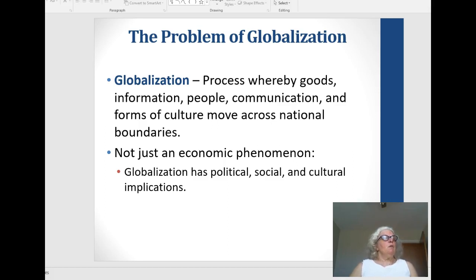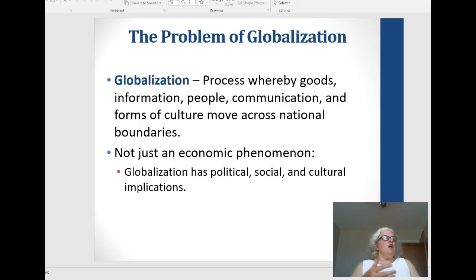There are problems with globalization. Now, here's a perfect topic for a position paper. Globalization, whereby the goods are made by other people and other cultures. And so we have high levels coming from places like Korea. In the past, it was Japan. Now it's China.